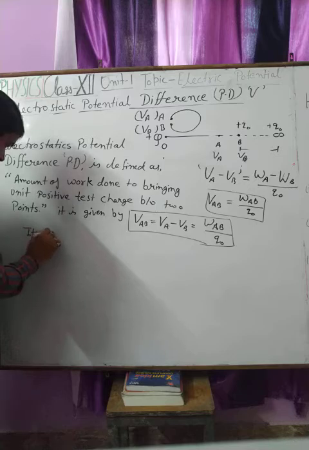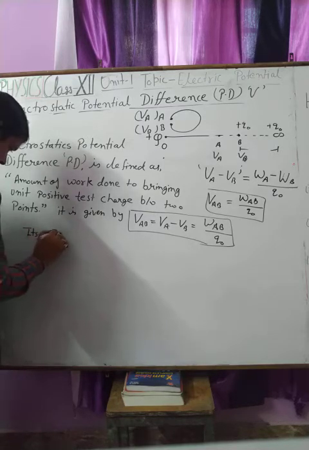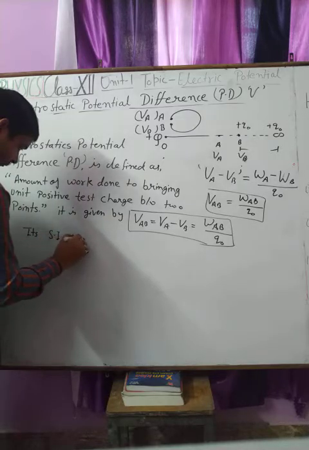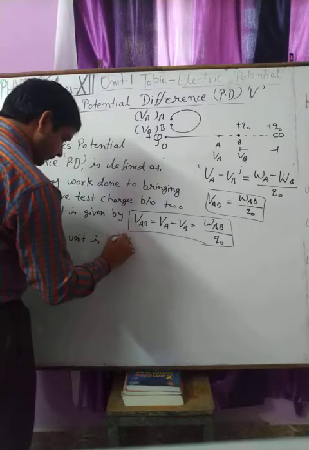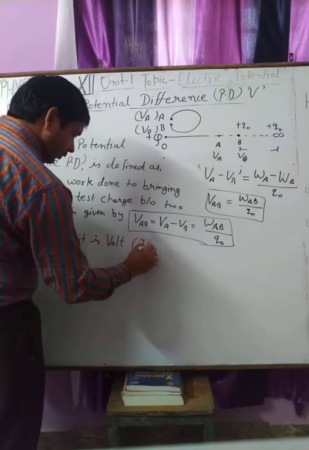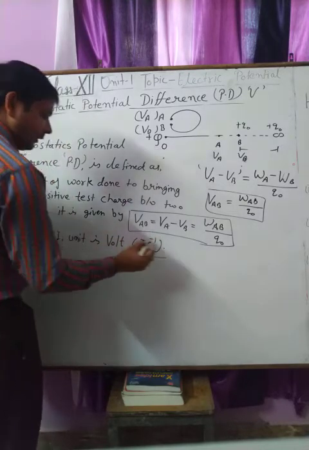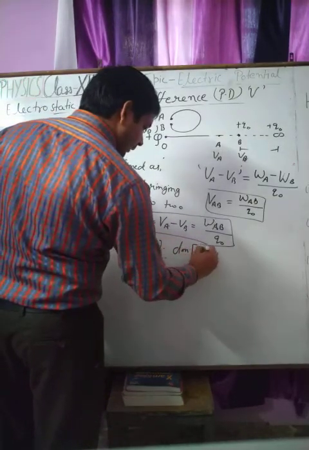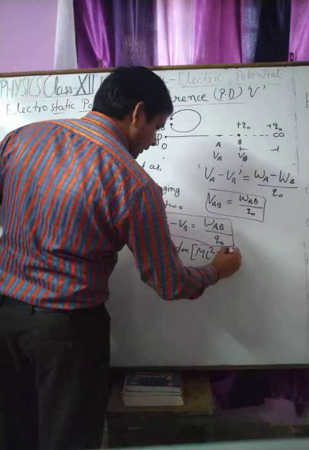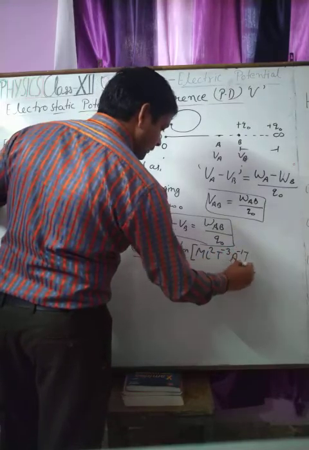Its SI unit is volt or joule per coulomb, having the same dimensional formula ML2 T minus 3 A minus 1.